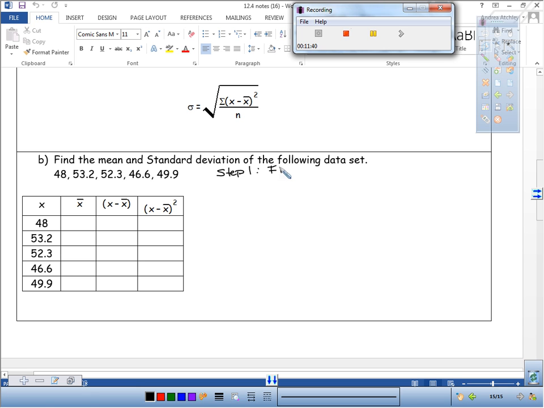Step one, you're going to find the mean. Remember, the mean is just the x with the line above it. So everyone find the mean of this. Add up all the numbers and divide by the number of numbers.